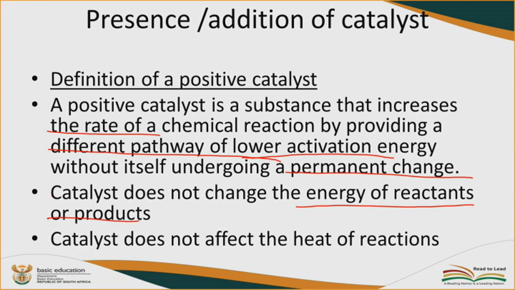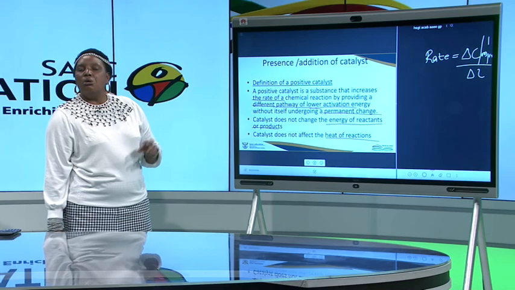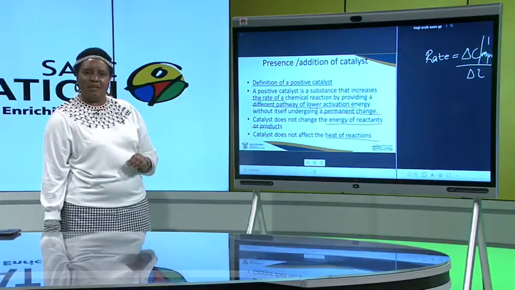In grade 11, you have done exothermic and endothermic graphs, where you were introduced to the concept of the energy of the reactants and the energy of the product. And because the energy of the product and the energy of the reactants doesn't change, as a result, the heat of reaction remains unaffected. So this is what you have to remember in an examination.